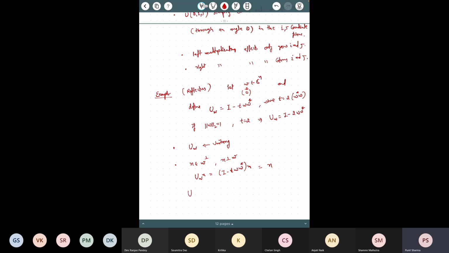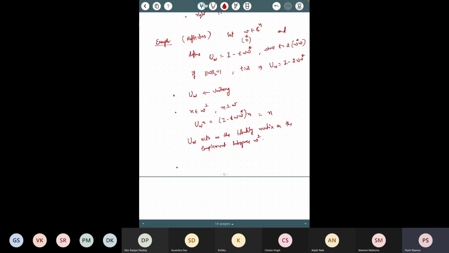So you can say that this UW acts as the identity matrix on the complement subspace, the orthogonal complement of W, right? Similarly, if you apply W on this UW, what do you get then?